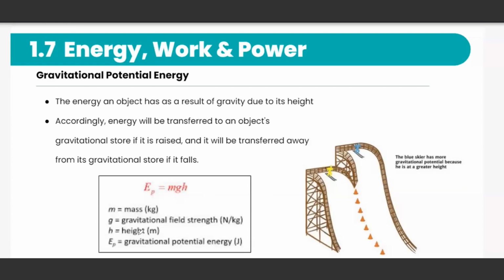And h is the height in meters. And of course, gravitational potential energy is always given in joules, the units for energy. Now, gravitational potential energy depends mainly on the height and the mass of the object because g is a constant. g is always 10. The higher the object is, the higher the gravitational potential energy is.